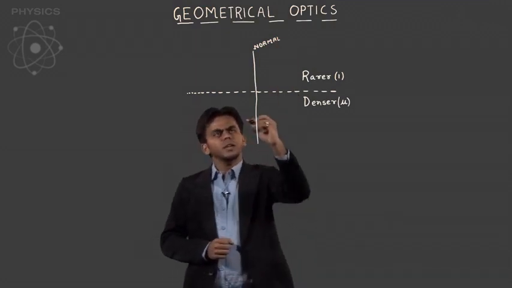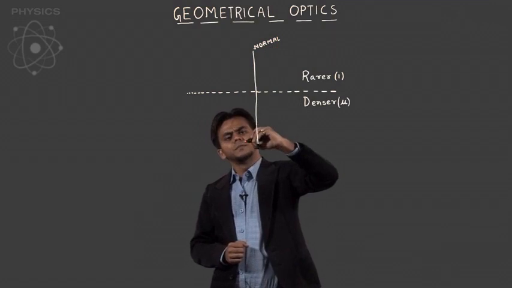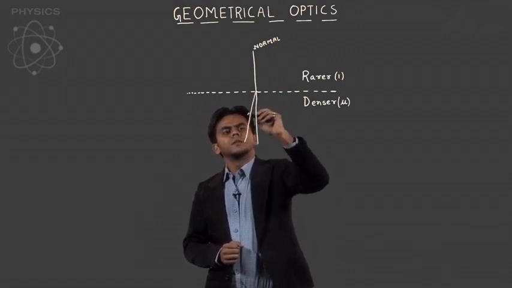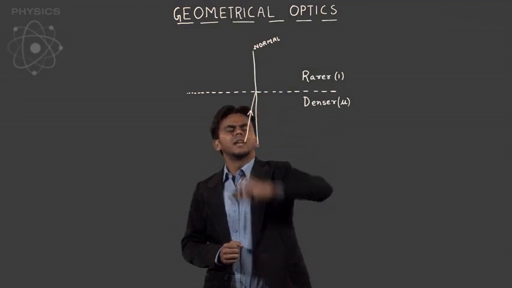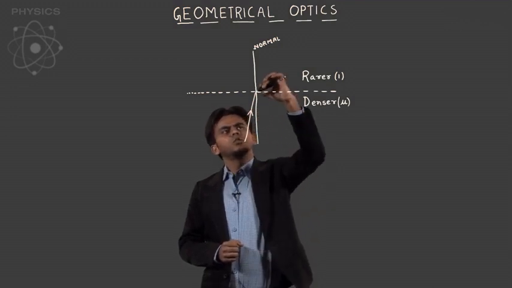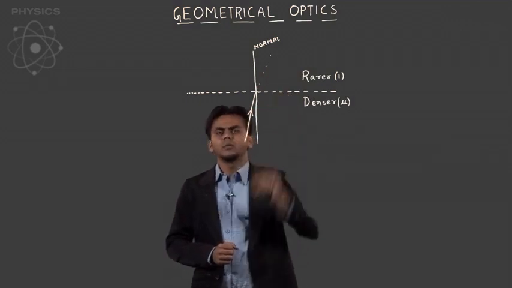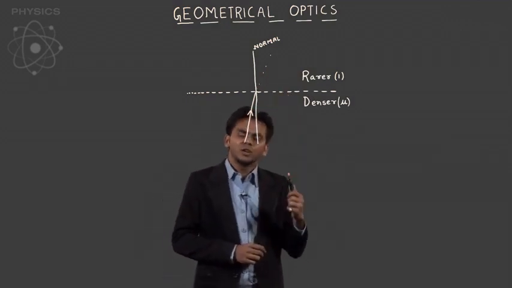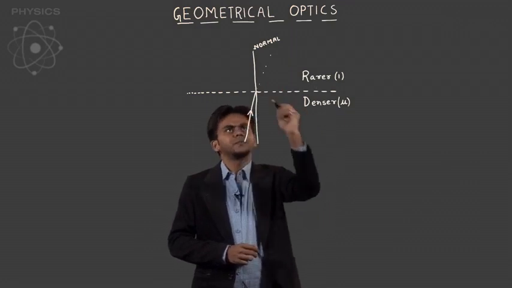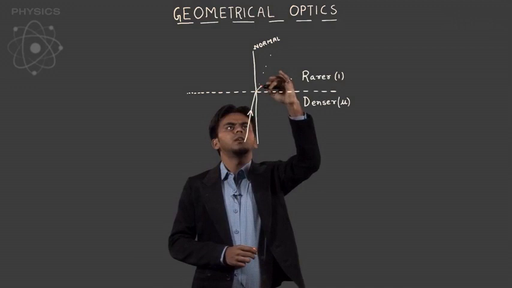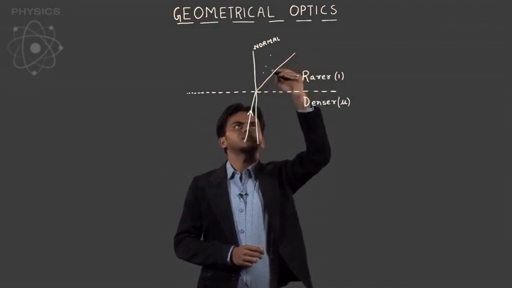Now, if there's a ray of light incident over here, naturally, it won't go in this path. It would deviate away from the normal. Why? When a ray of light goes from a denser to rarer medium, it deviates away from the normal, which has been told a lot of times by now.